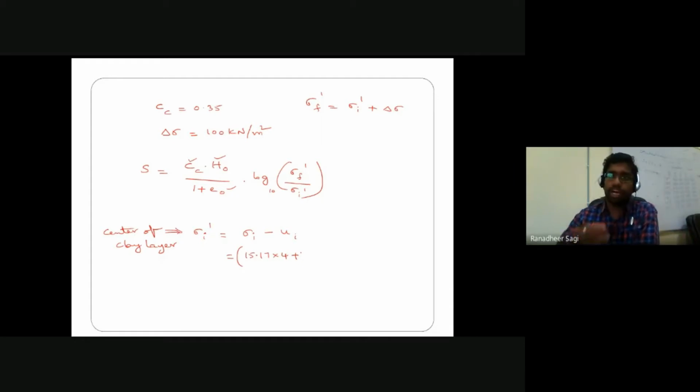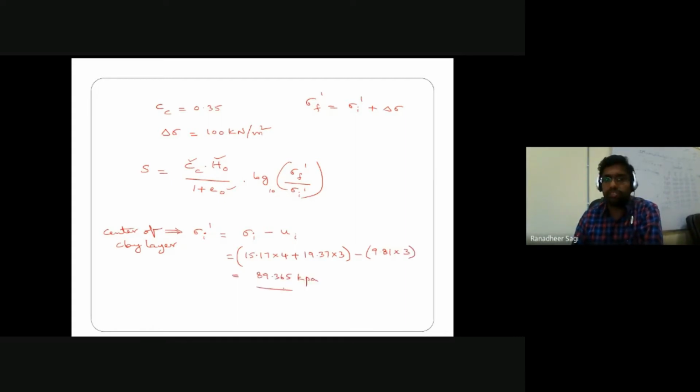What is the unit weight of the clay layer? 19.37 into 3. So this is the total stress at the center of the clay layer initially, minus the pore water pressure at the center of the clay layer. The water table is at the top of the clay strata, so the unit weight of water is 9.81, and the corresponding pressure head at the center of the clay layer is 3.